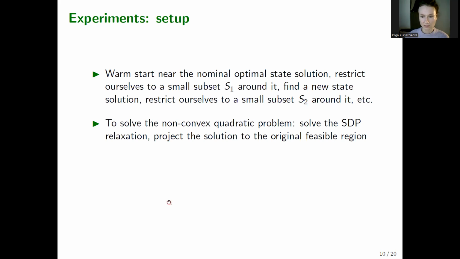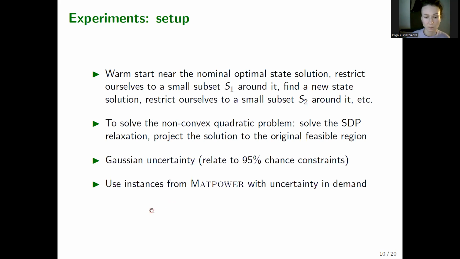As I said, for our non-convex quadratic SDP, we solve the SDP relaxation and then do alternating projections. We use Gaussian uncertainty to check the robustness. So I say that for our quadratic constraints, we are robust against the ellipsoid, but we actually try to test harder.